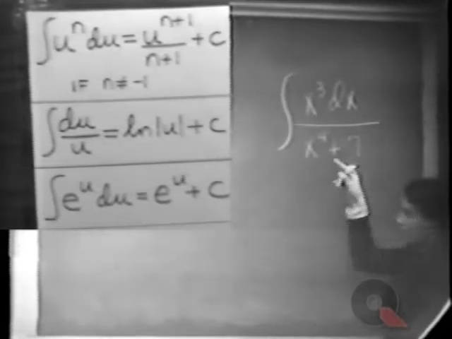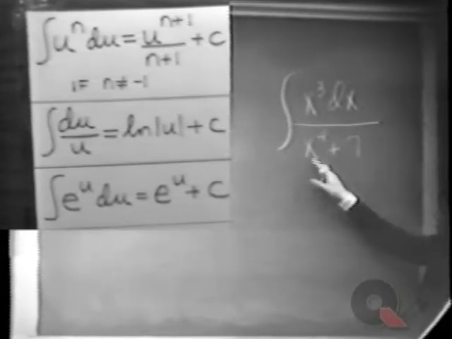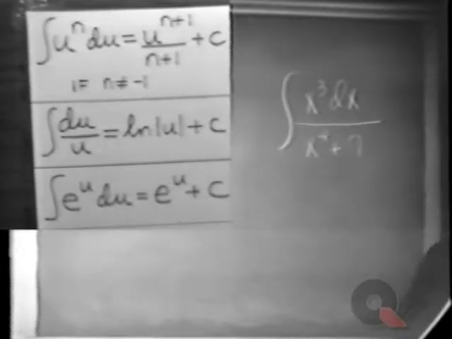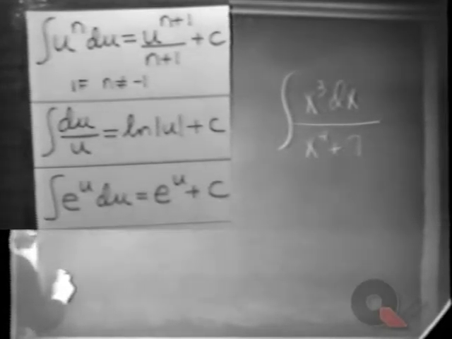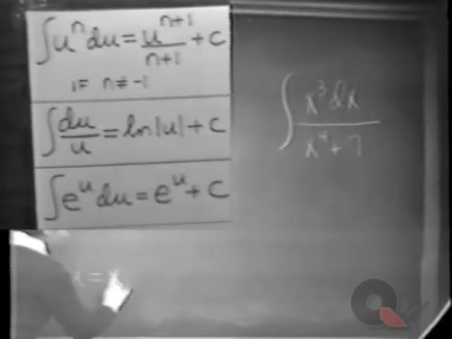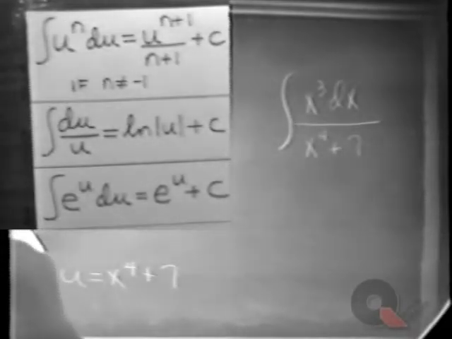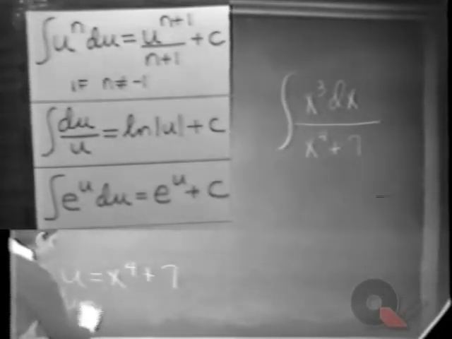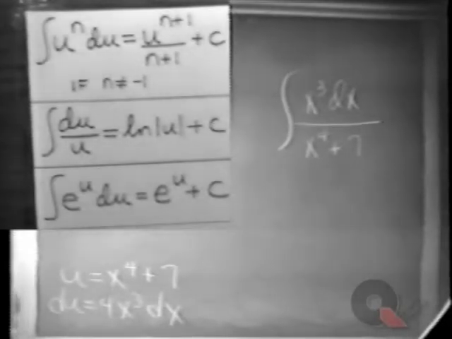Since I see the fraction, I might think in terms of the du over u. After all, the derivative of x to the fourth plus 7 is 4x cubed, and I almost have that upstairs. So if I make the substitution, u is equal to x to the fourth plus 7, well then, du dx would be equal to 4x cubed, and du would be 4x cubed dx.